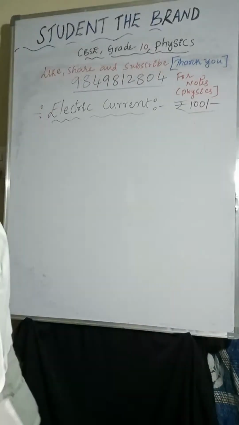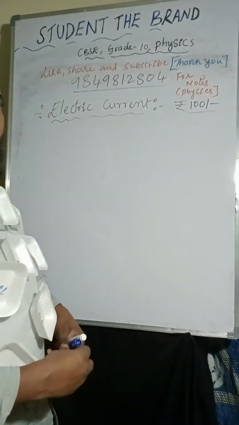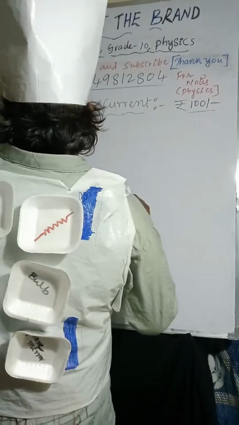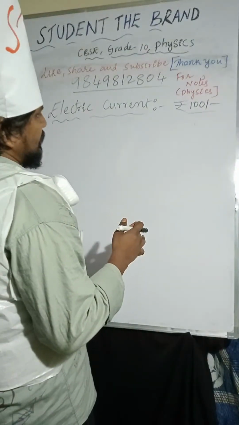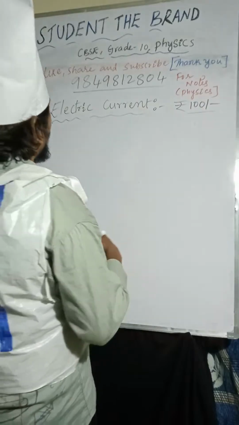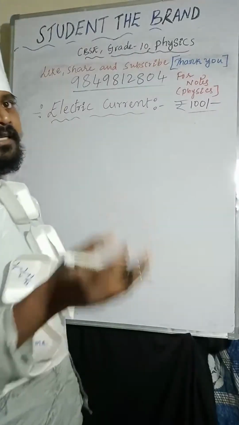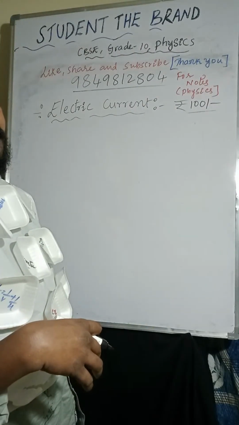Next, after electric current, resistance and resistivity, we discuss resistors connected in series combination and resistors connected in parallel combination.